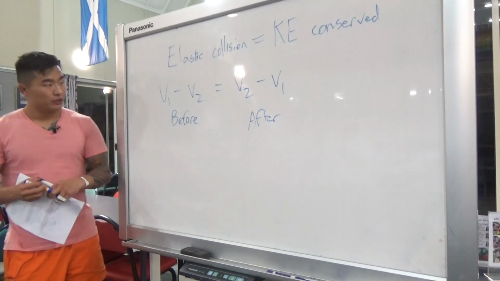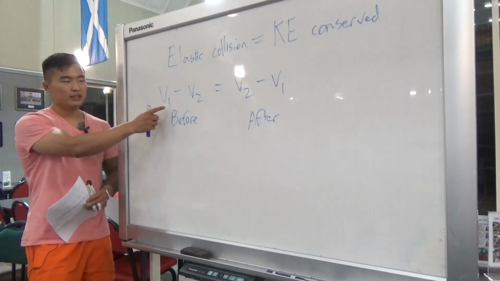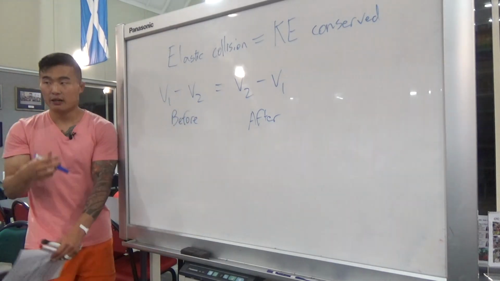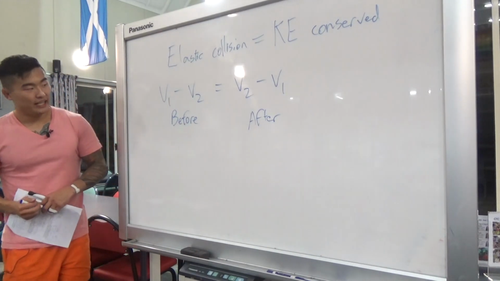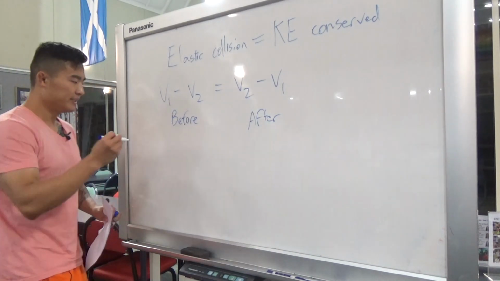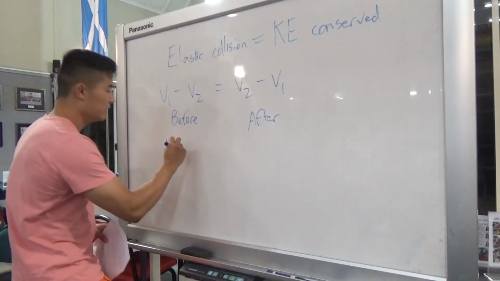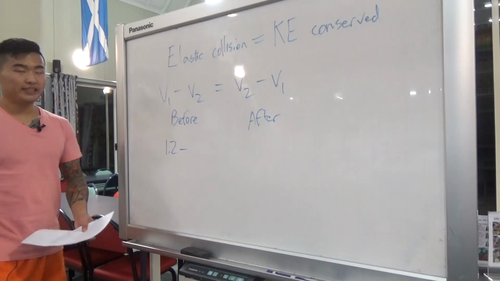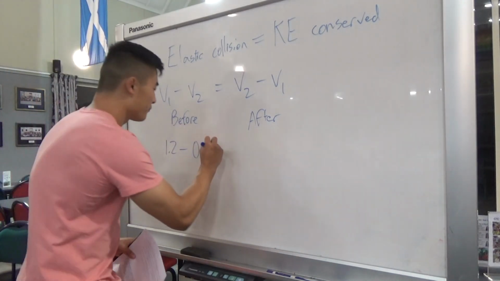Okay, so let's say that V1 is going to be our metal ball and V2 is going to be our wooden ball. So before the collision, the metal ball had a velocity of 1.2 meters per second, right? And the velocity of our wooden ball was 0 meters per second because it was stationary.